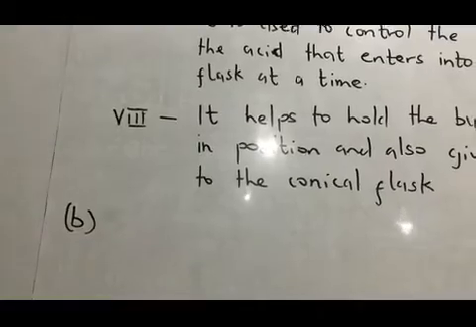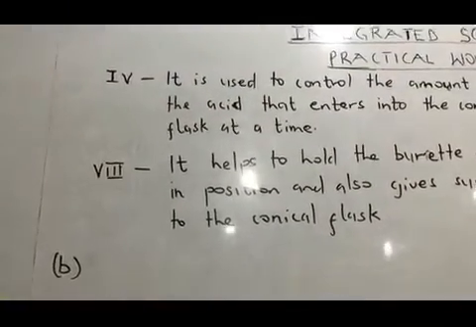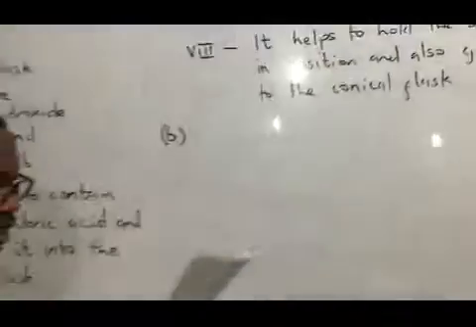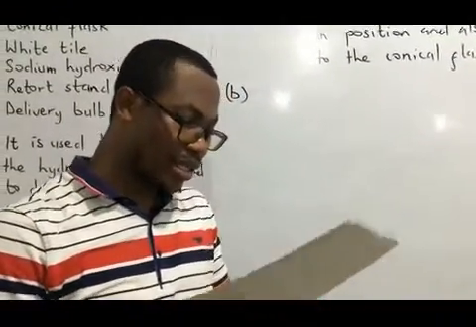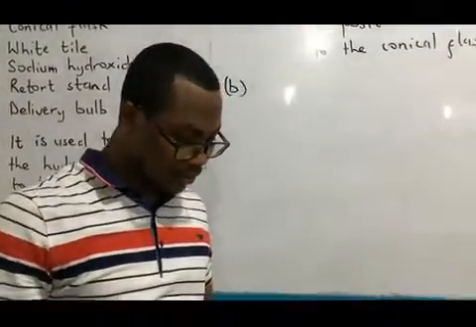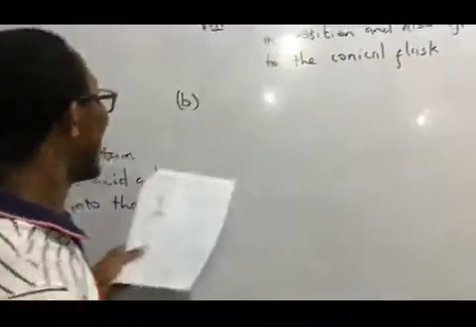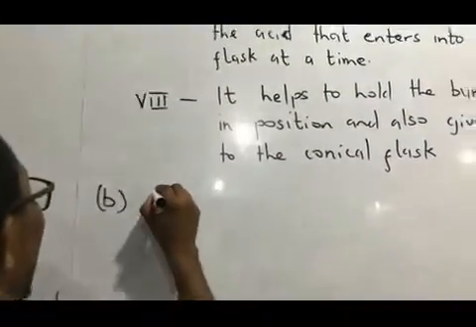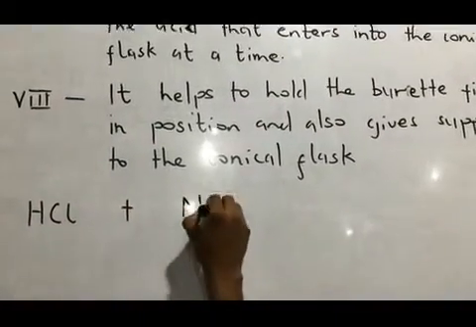Question B says that you should write a balanced chemical equation for the reaction that takes place between the hydrochloric acid and the sodium hydroxide. So you're writing a reaction between HCl, that's hydrochloric acid, and the sodium hydroxide, NaOH.